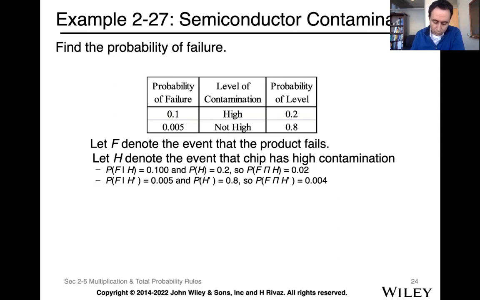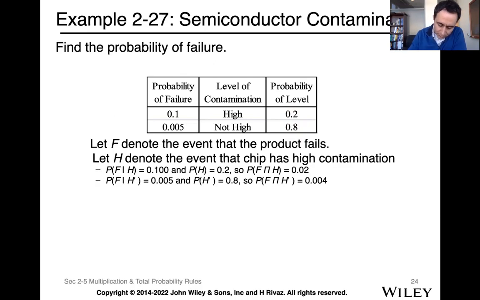The part could either have a high contamination or a low contamination, right? So the probability of the part having a high contamination is 0.2, and the probability of the part not having high contamination is 0.8, right? And we see that these two numbers add up to 1, right?